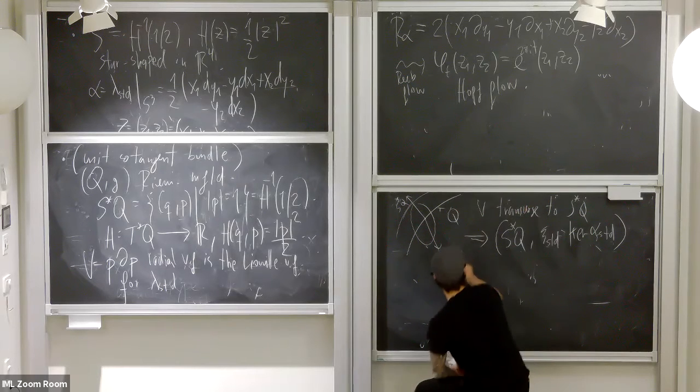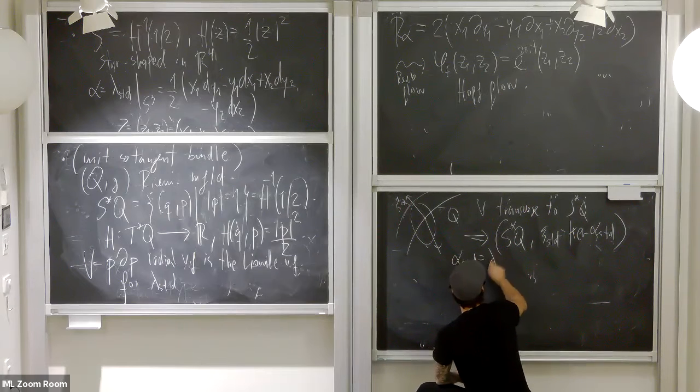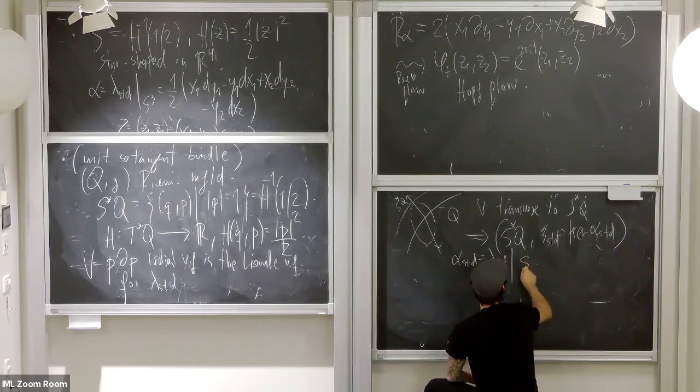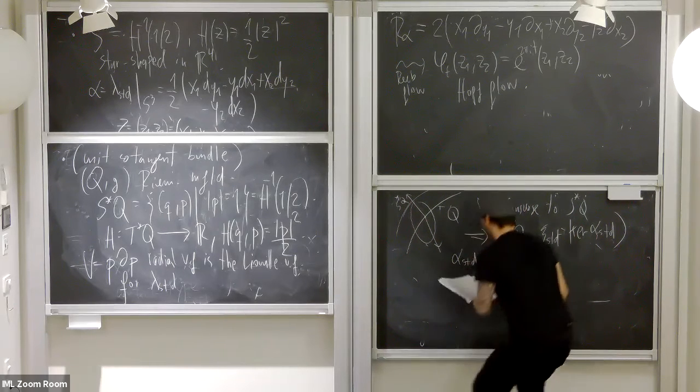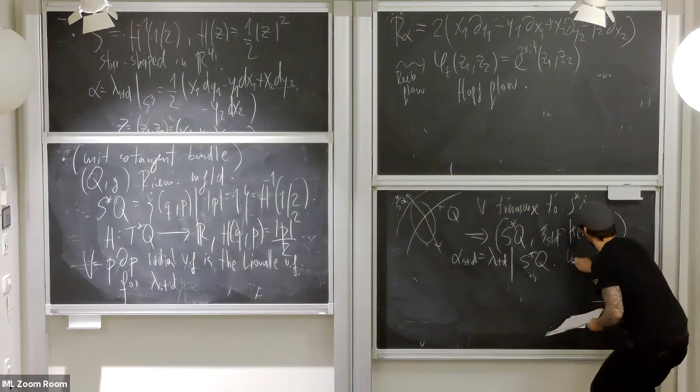Here, alpha standard is just lambda standard restricted to the unit cotangent bundle of Q. This is a contact manifold.